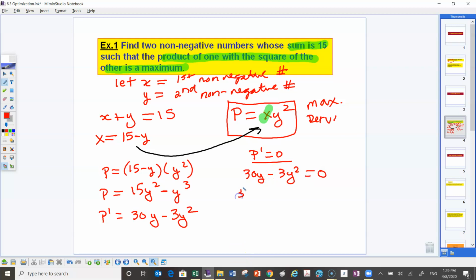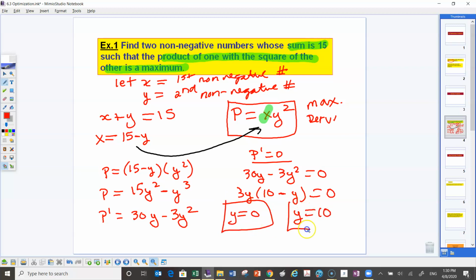I can factor a 3y out, and I'll be left with 10 minus y. 3y equals 0 when y is 0, and 10 minus y equals 0 when y is equal to 10. So those are my two critical numbers. My maximum is going to happen at either y is 0 or y is 10. So now we have to decide which one we use.